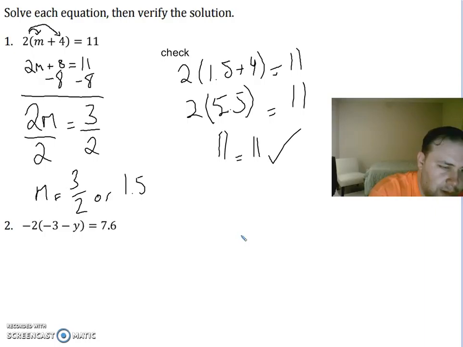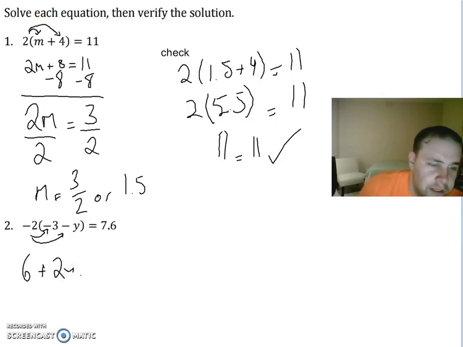So we use distributive property, so negative 2 times negative 3, that is going to be positive 6. Negative 2 times negative y, that's going to be plus 2y. Plus 2y equals 7.6.